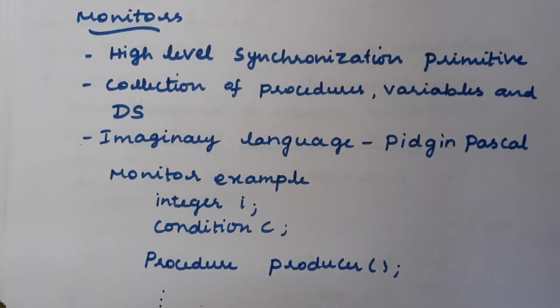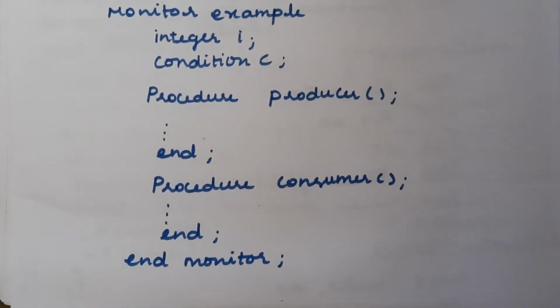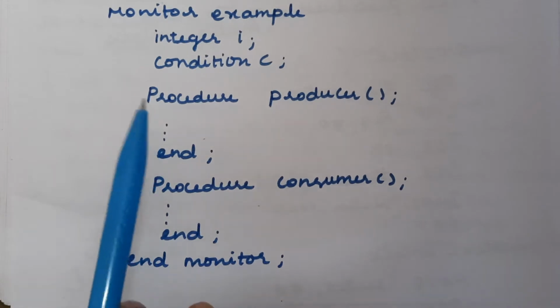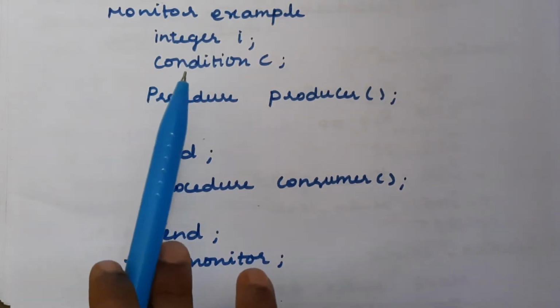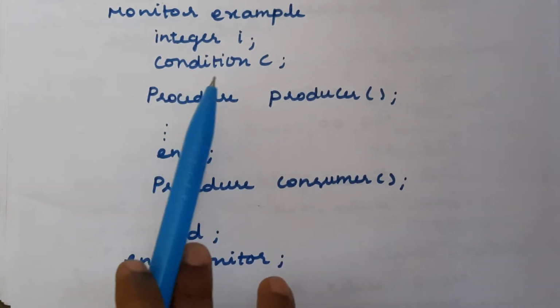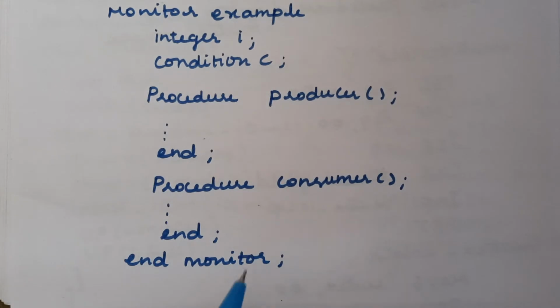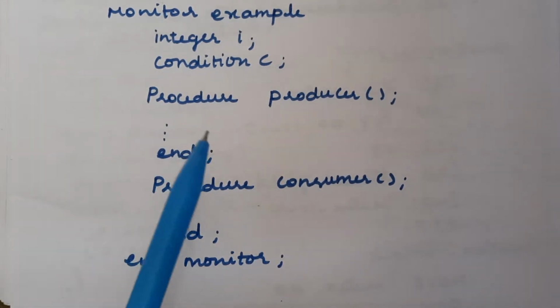Let us see the structure of this monitor. Initially we have the variables we are going to use, and these are the condition variables, and this is the procedure for the producer. Again we have taken the example of the producer-consumer problem.